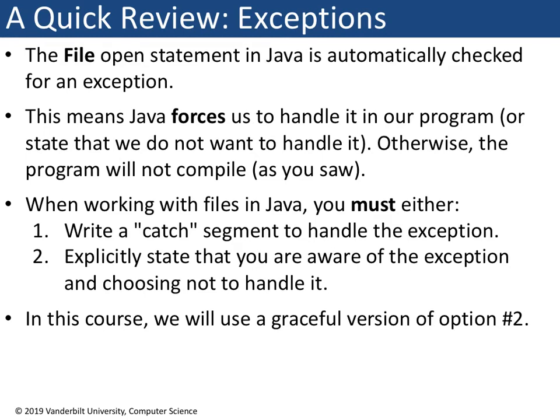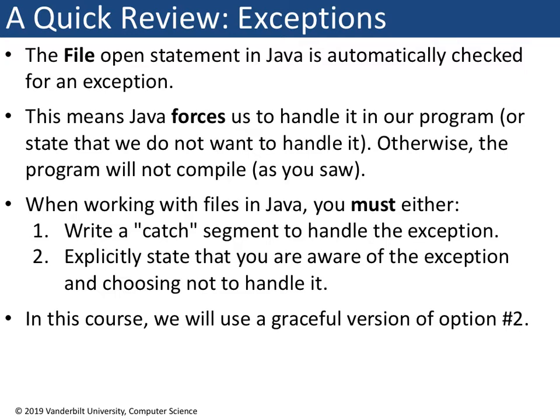So when we open a file using the scanner object, we give a file object to the scanner. Java is automatically going to check to make sure the file exists, and if it doesn't exist, then the scanner object throws an exception. So we have to choose how we're going to deal with that. We've talked about two paths, right?